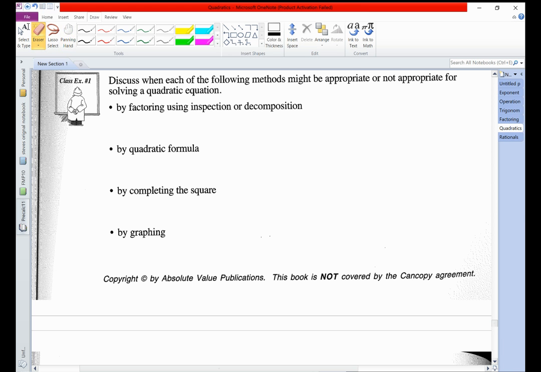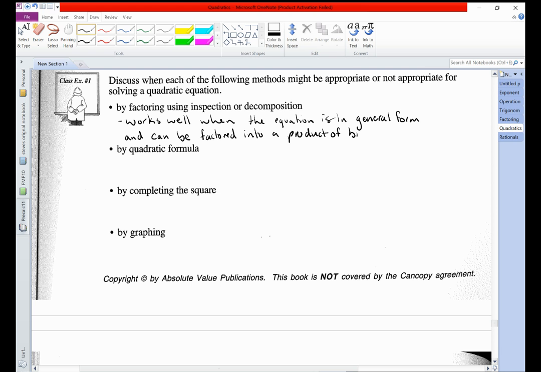So factoring using inspection or decomposition works well when the equation is in general form and can be factored into a product of binomials.